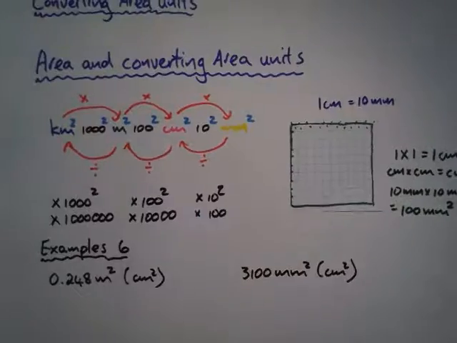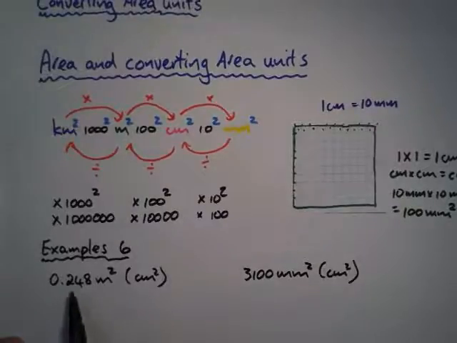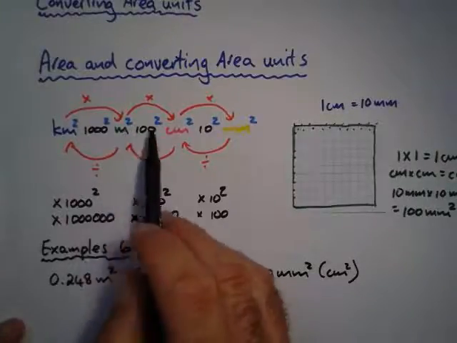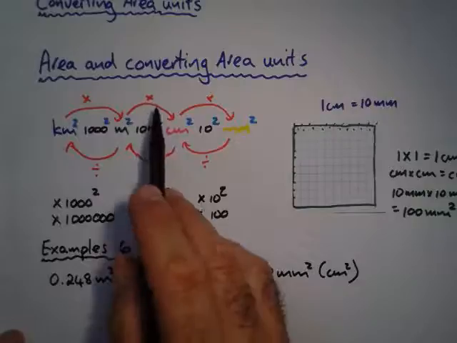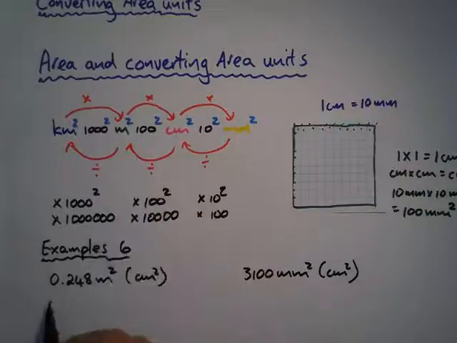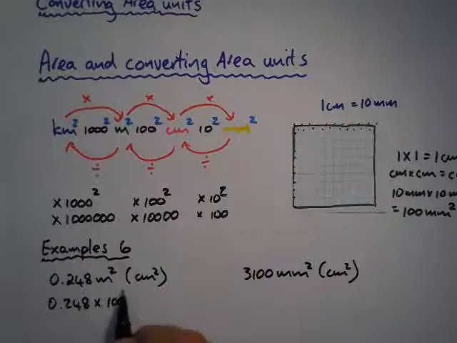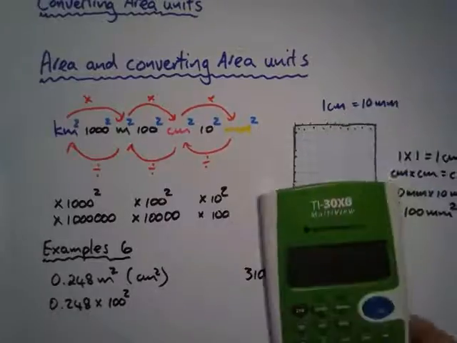In these examples, they ask us to convert 0.248 meters squared to centimeters squared. To go from meters squared to centimeters squared, I times by 100 squared. So I'm going to say 0.248 times 100 squared. On your calculator, you can do that.